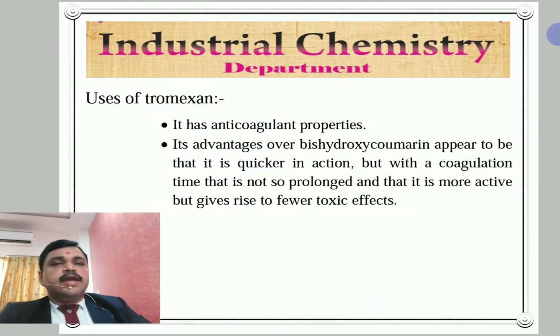Now, the medicinal application of tromexan. Tromexan has anticoagulant property. Number 2, its advantage over bis-hydroxycoumarin appears to be that it is quicker in action, but with a coagulation time that is not so prolonged, and that it is more active, but it gives rise to toxic effects. That is its disadvantage.